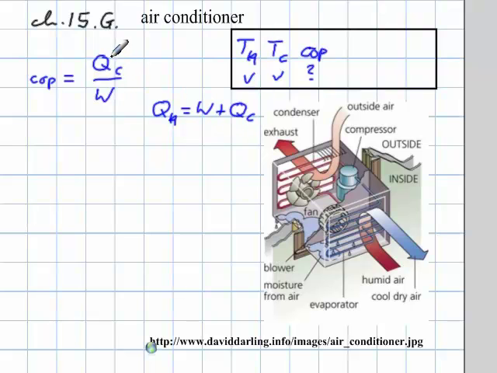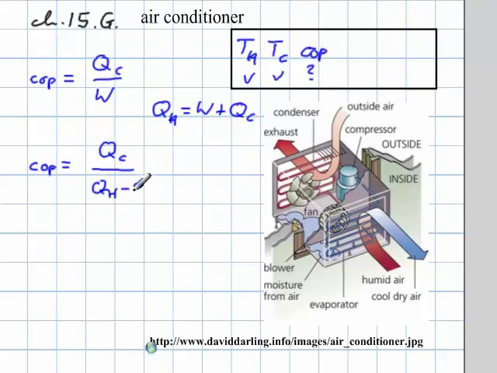Okay, none of these we know. So what can we do with that? Well, here's one thing we can do. I'm going to write it so that I only have QC's and QH's. So I'm going to have QC divided by QH minus QC.